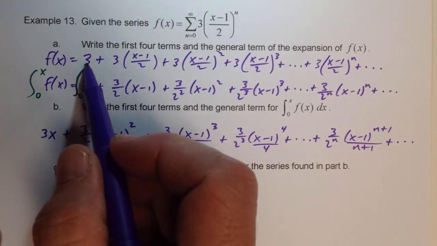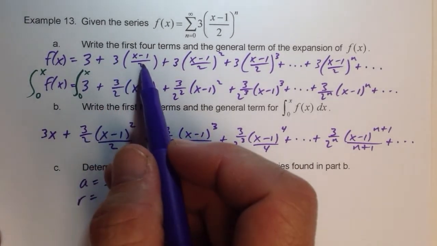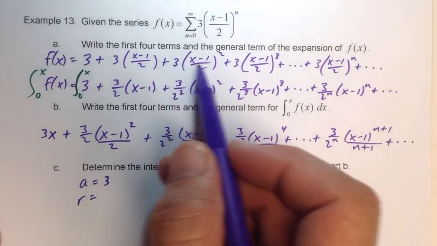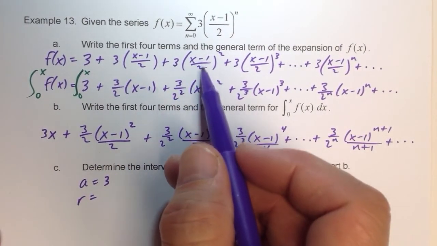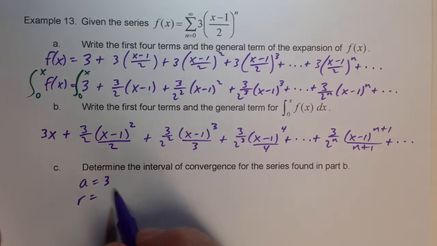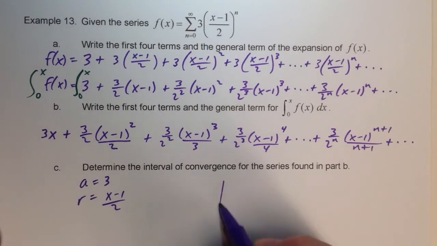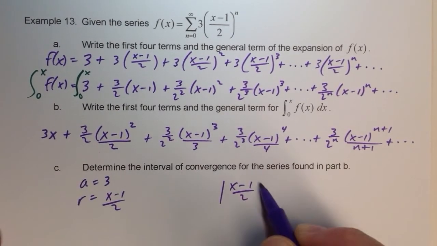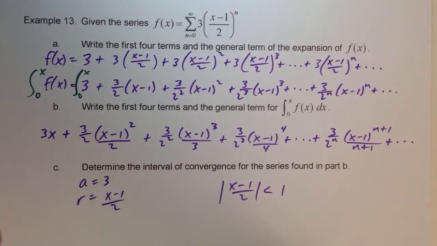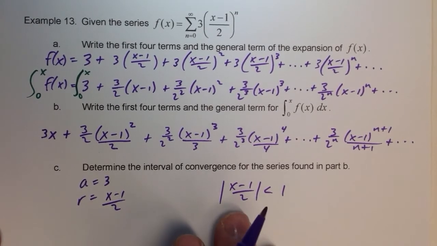See? Because you have 3, then you have 3 times (x minus 1) over 2, then you have 3 times (x minus 1) over 2 times (x minus 1) over 2. So we have a common ratio of (x minus 1) over 2, and we have to make sure that the absolute value of (x minus 1) over 2 is less than 1.